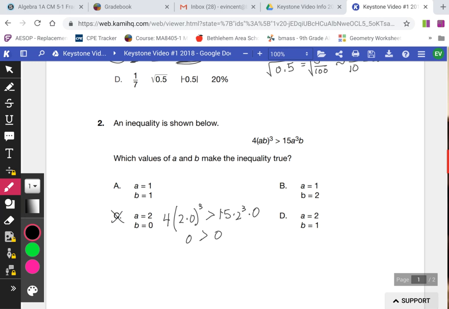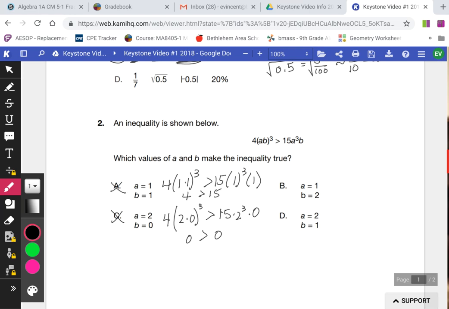If I look at the first answer, it has everything as A, so let's substitute that in. So 4 times 1 cubed is greater than 15 times 1 cubed times 1. That would actually give me 4 is greater than 15. That makes no sense either.